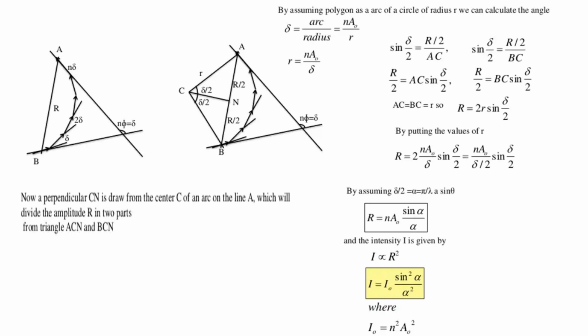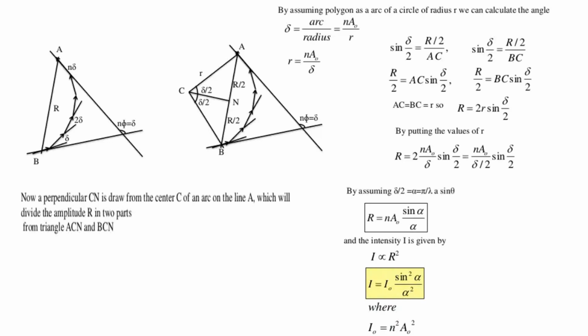A perpendicular CN is drawn from the center on the line AB. It divides the amplitude R into two parts, so we have here R by 2, and this is another R by 2, from the triangles ACN and BCN.